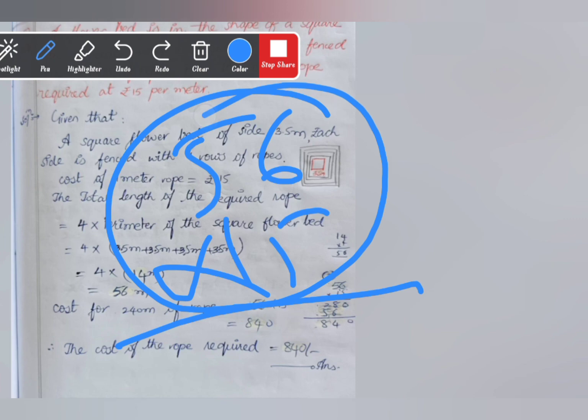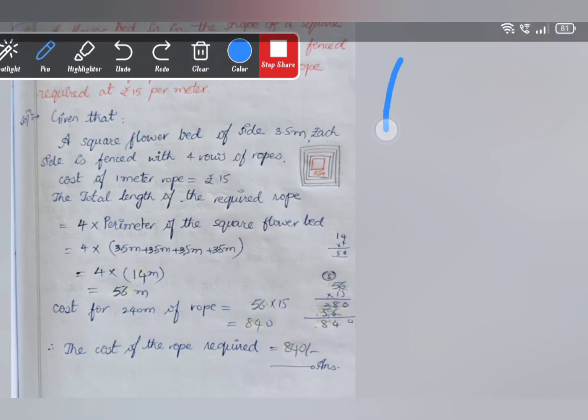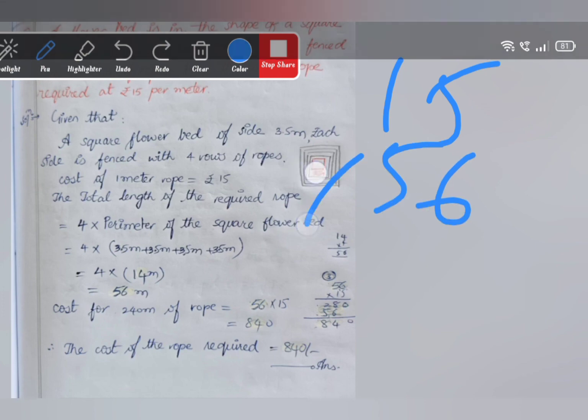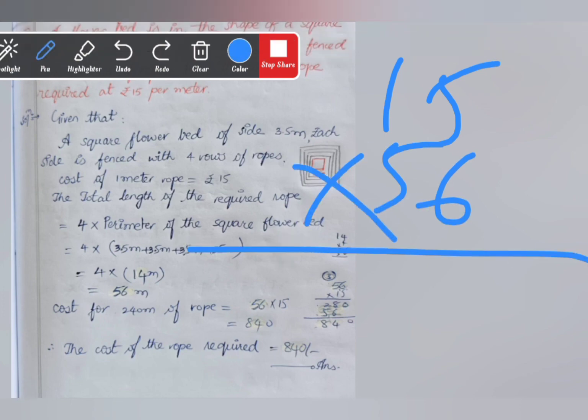Okay, you try in your rough book fast and answer me first. 56 into 15.